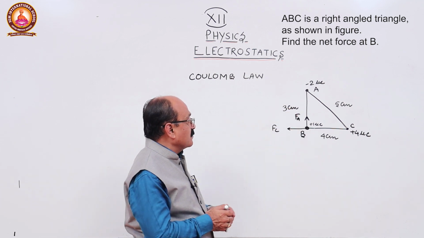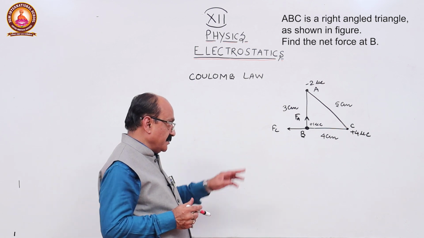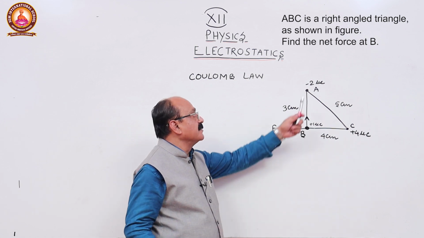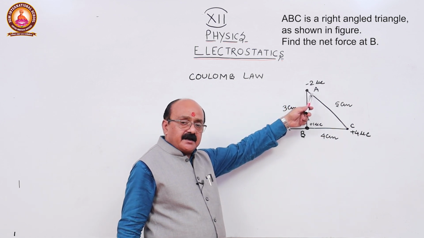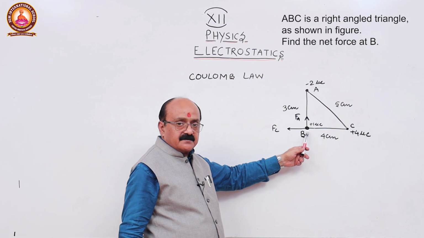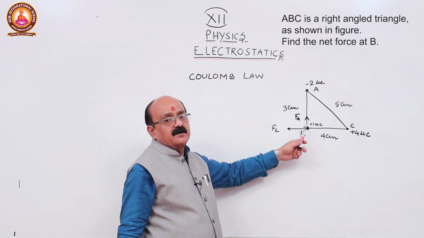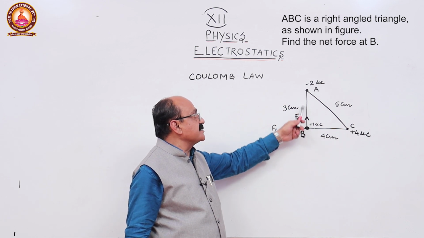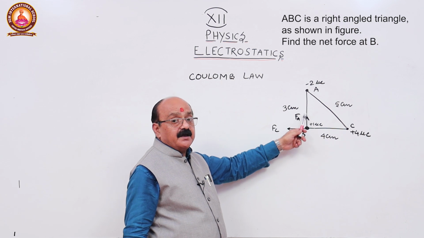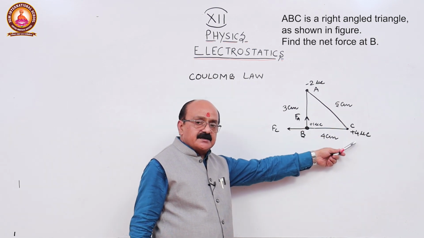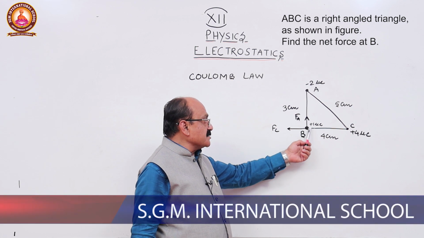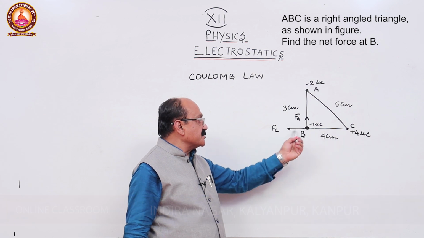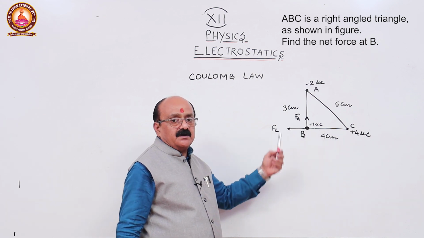Now, I am going to find out the FA and FC. First of all, make it clear, I am just repeating, charge at A is negative, charge at B is positive. The force of attraction will act and the force on this point will be FA in this direction, in the direction of A. The C is positive, B is positive, force will be repulsive and the force at B due to C is FC, that is outward.